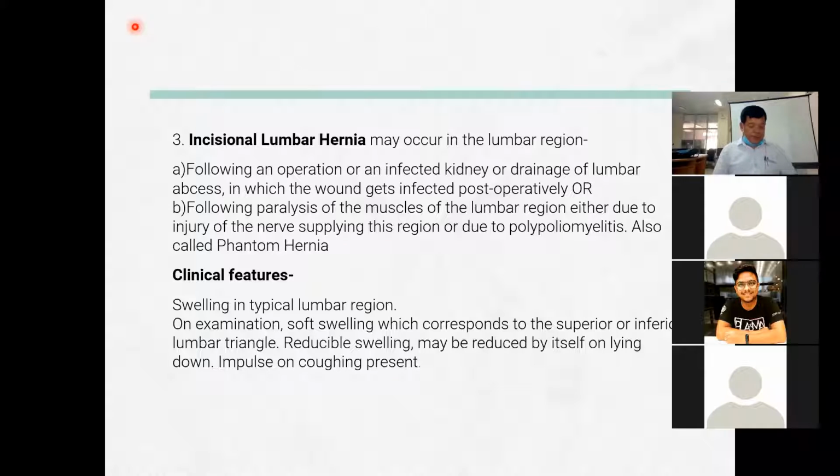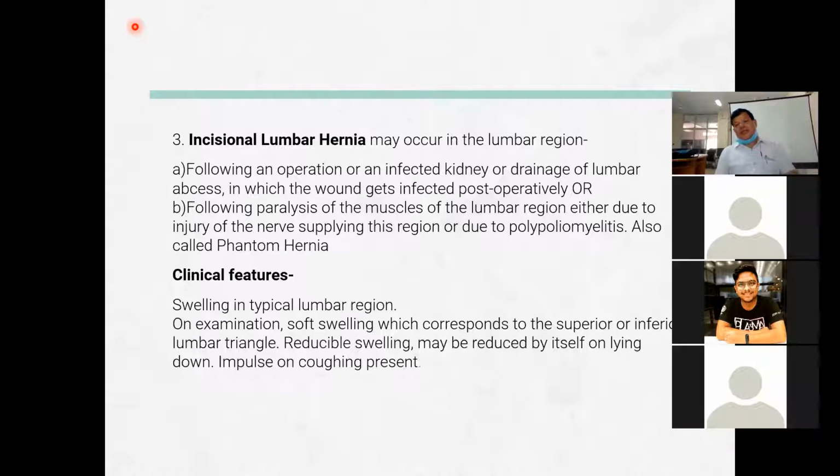Now come to the third one, incisional lumbar hernia, which may occur in the lumbar region, either through the superior lumbar triangle or through the inferior lumbar triangle, but it usually follows an operation over an infected kidney or drainage of pus from a lumbar abscess in which the wound gets infected postoperatively.